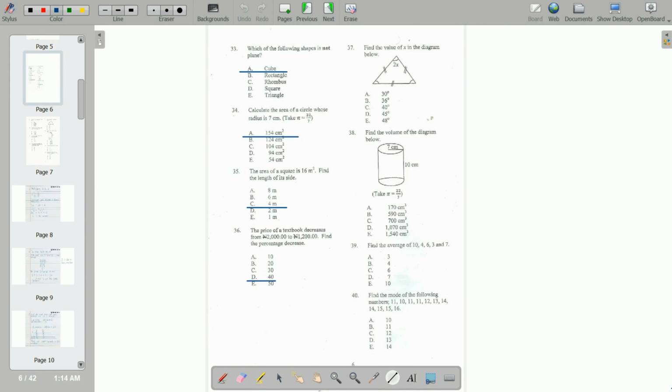Next is question 37. The question says we should find the value of 2x in the diagram.